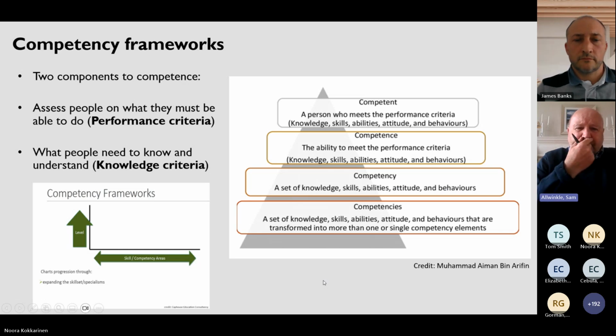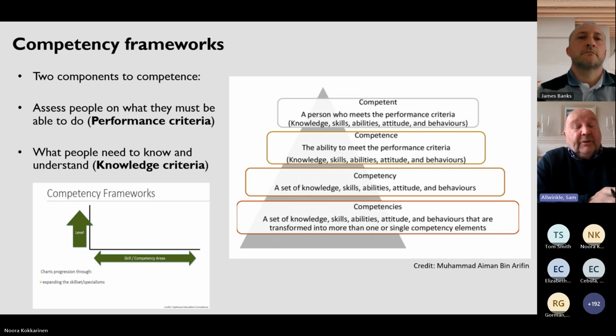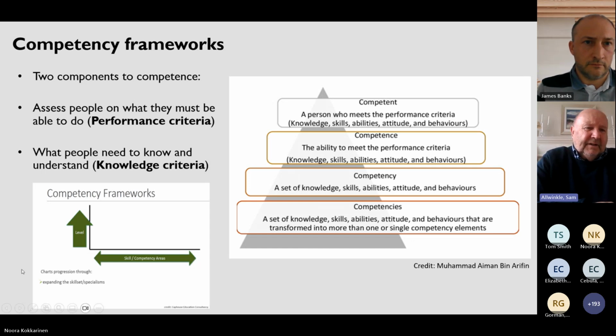Within the competency framework, if you look at 8670 in particular, there are four elements to competence: knowledge, experience, skills, and behaviours. But for CIAT, the main thrust is assessing the performance criteria. That is what somebody must be able to do, underpinned by the knowledge criteria about what you know and understand that informs the performance criteria.